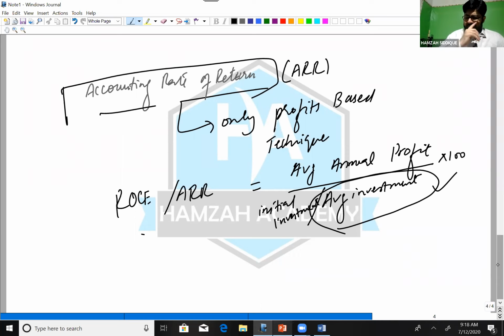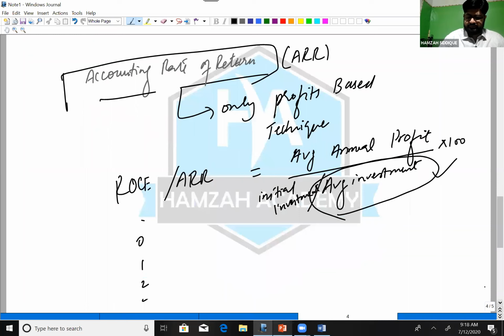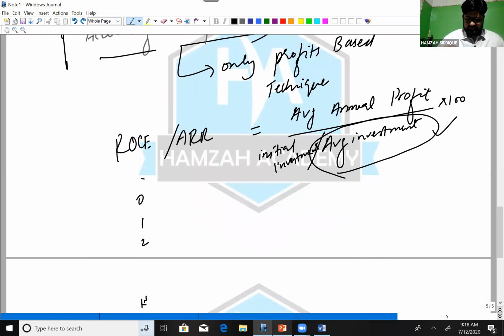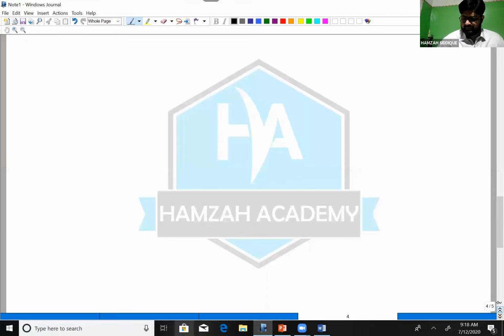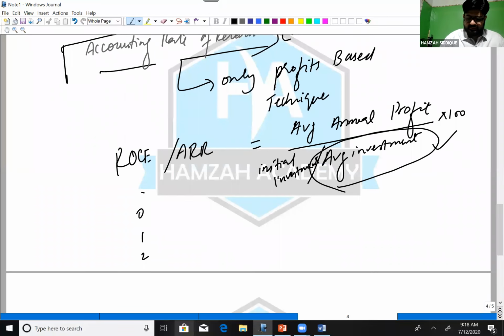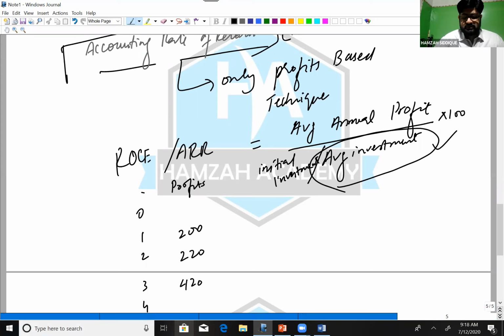For example, a company has the following expected profits for a project: 200 million, 220 million, 420 million, and 320 million.